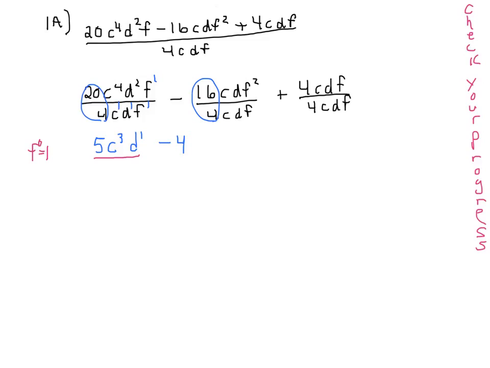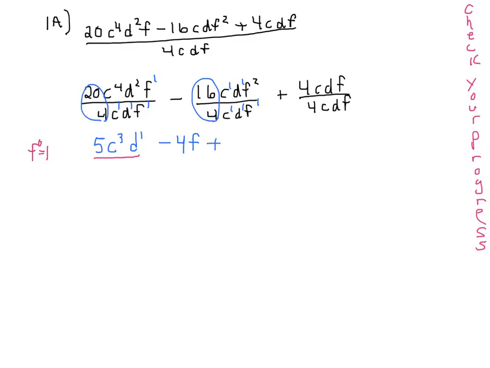And again, you've got c to the 1 over c to the 1, which just becomes 1. This becomes 1. And since we're multiplying these together, we don't need to include them in it. And then we've got f squared over f to the 1, which when you subtract those, you just get f.